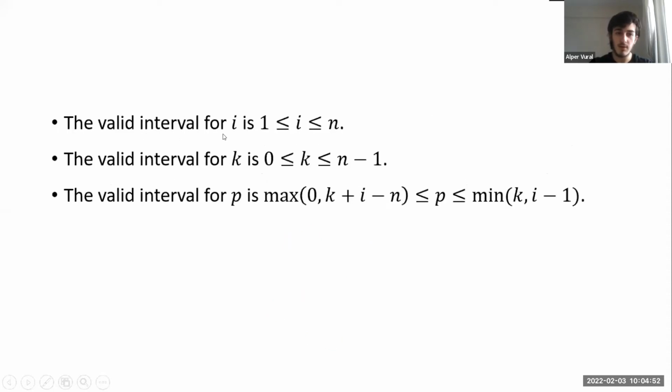The valid interval for i is 1 to n, because i is the observed axis and there are n axes in the n-dimensional space. The valid interval for k is between 0 and n minus 1, because we said that k plus 1 is the length of the step, and the length of the step can be 1 to n. The valid interval for p is maximum of 0, k plus i minus n, and minimum of k, i minus 1.